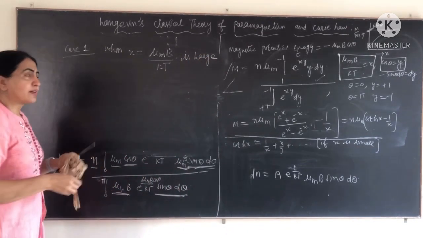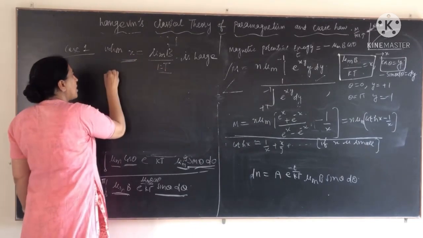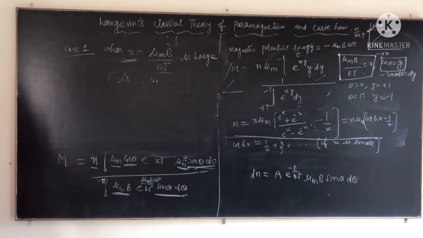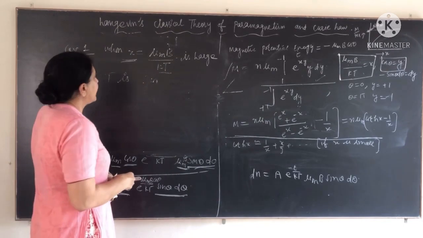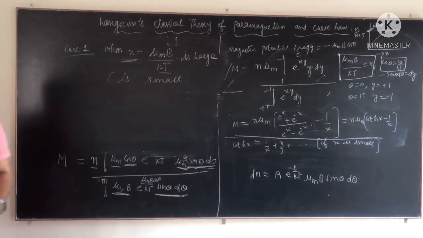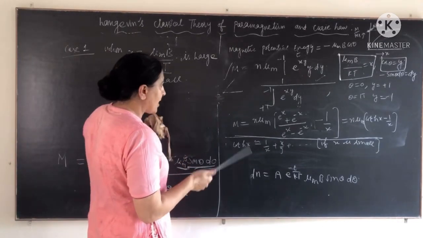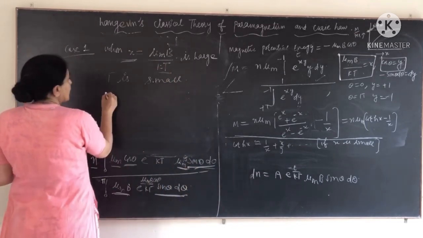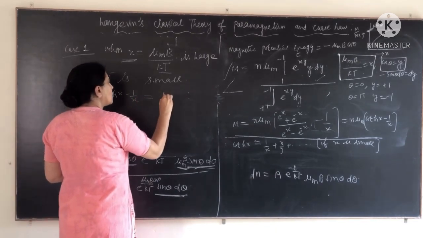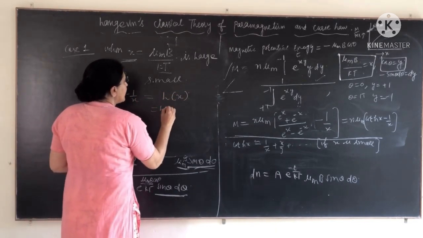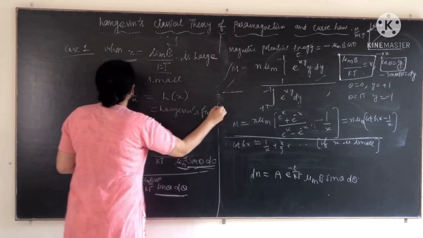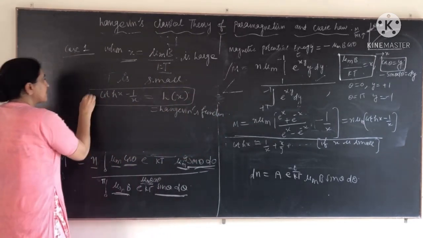When x is large, that is when t is small, what will happen? Then this coth x minus 1 over x is equal to Lx, and this is called the Langevin function. Clear? Then at that time, this becomes the Langevin function.